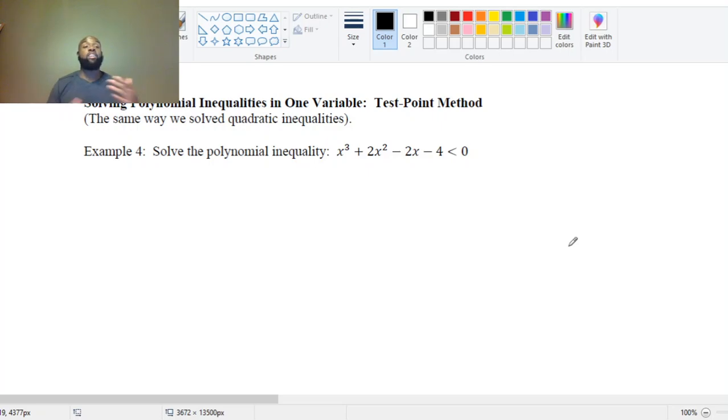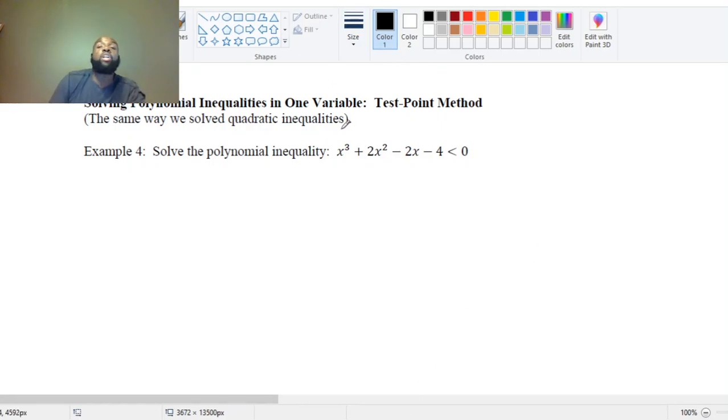Now we're going to look at polynomial inequalities. Now we're back into the one variable case, so there are no two variables here, but we can think of this like a polynomial function, and we're asking when is the polynomial less than 0, greater than 0, less than or equal to 0, or greater than or equal to 0. In this case, we're talking about less than 0.